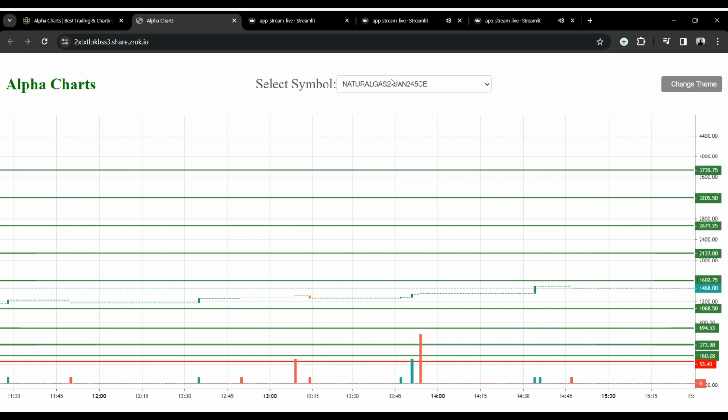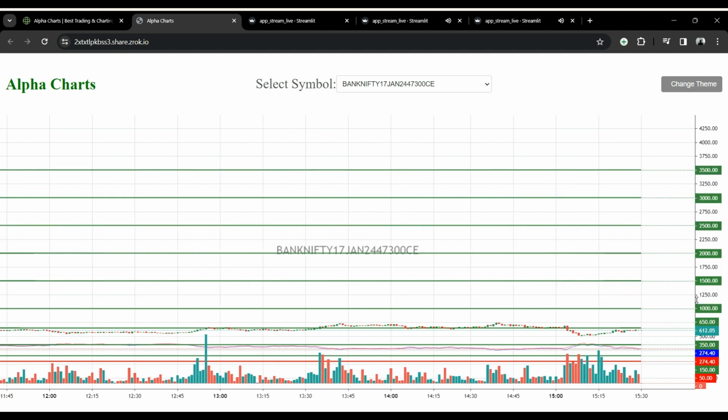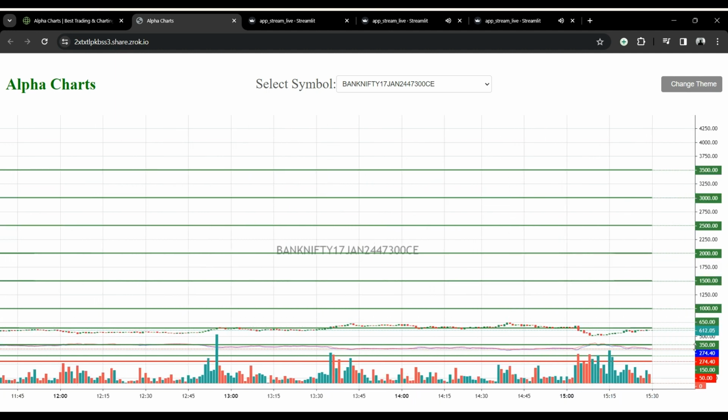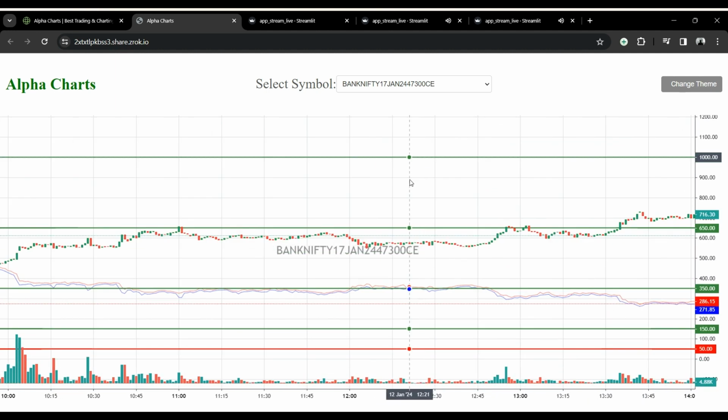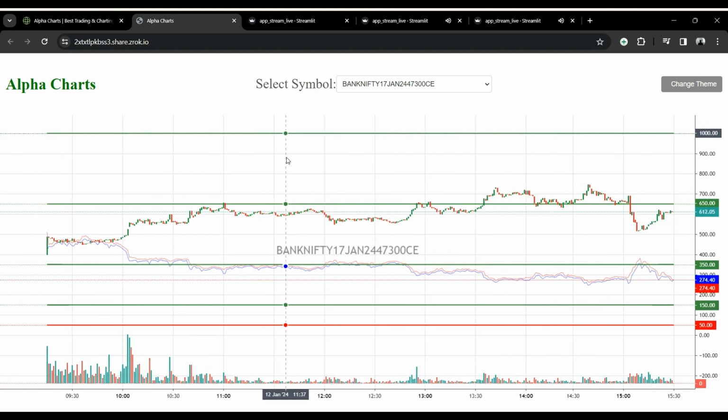Okay, so Bank Nifty, I'm going through Bank Nifty CE first. So here we are on the Bank Nifty chart.